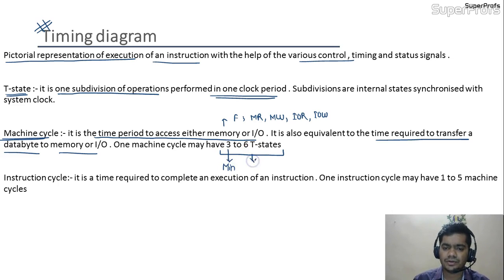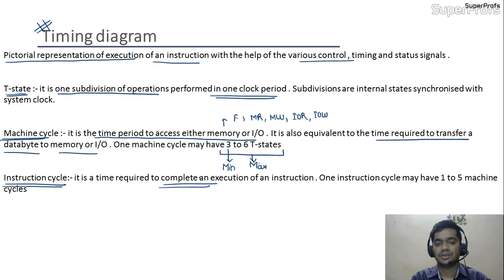It depends totally on the operation that we are performing. The minimum T states possible are 3 and the maximum possible are 6. And what is an instruction cycle? It is the time required to complete the execution of an instruction.